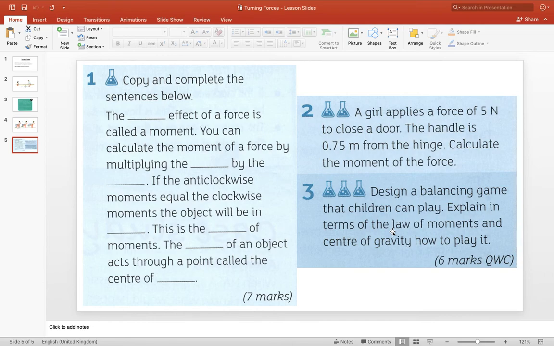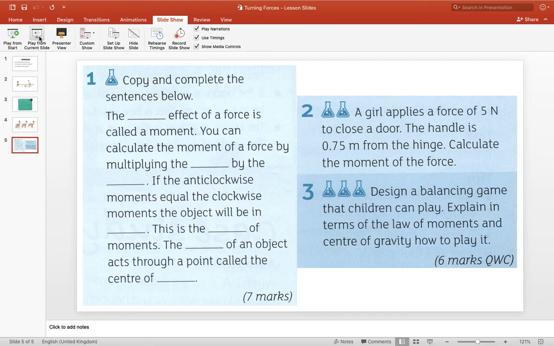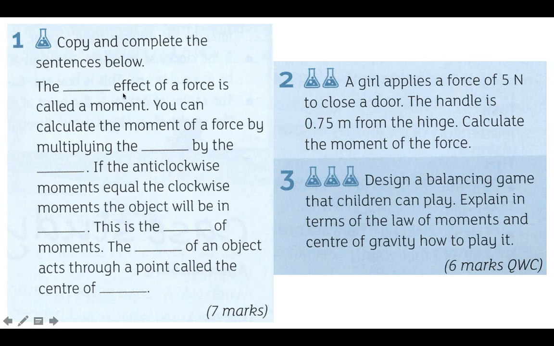Okay then, so you should have hopefully had a go at these questions by now. If I make this full screen so it's nice and big, we can go through the answers. So the first one should have read, the turning effect of a force is called a moment. You can calculate the moment of a force by multiplying the force by the distance.